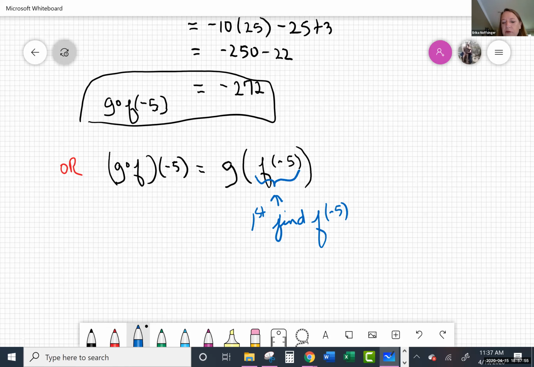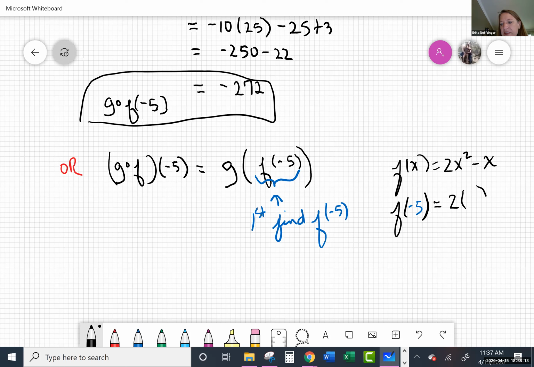Recall f of x was 2x squared minus x. So f of negative 5, wherever we see an x, we replace it with negative 5. First I'll write it with parentheses: 2 parentheses squared, minus parentheses, and put in negative 5 wherever I had the parentheses.